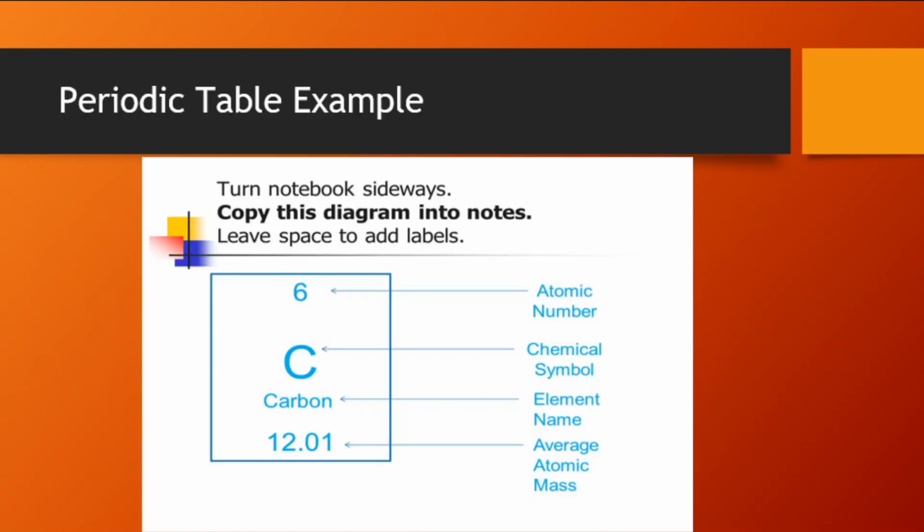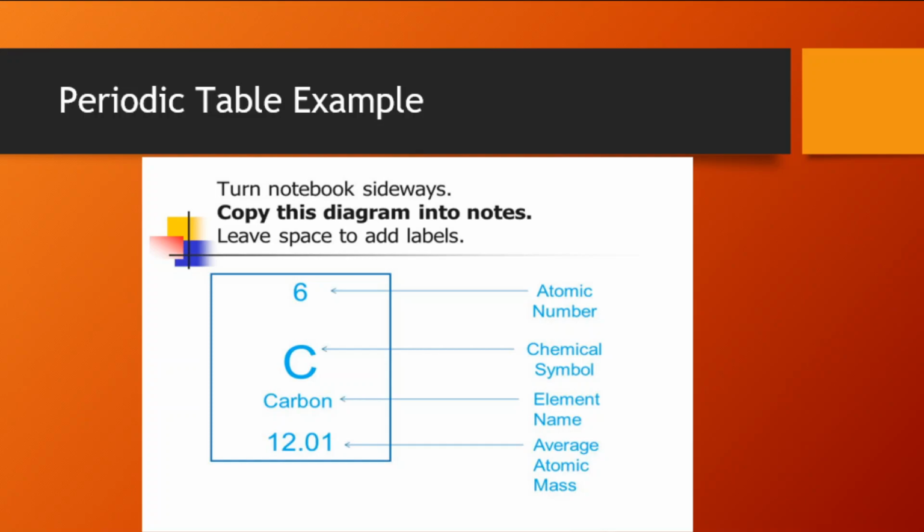As you can see here, this is an example of just one of those very tiny blocks of the periodic table, and they've picked carbon. On any periodic table, you should be able to find the atomic number, the chemical symbol, the element name, and the average atomic mass of that element.